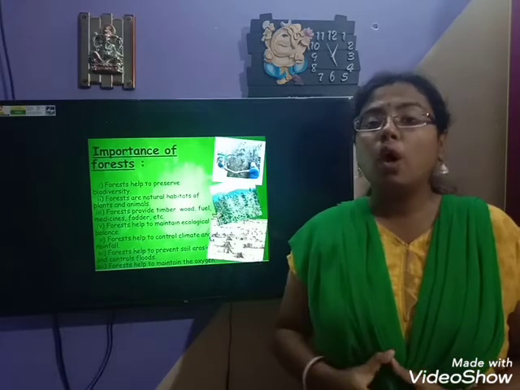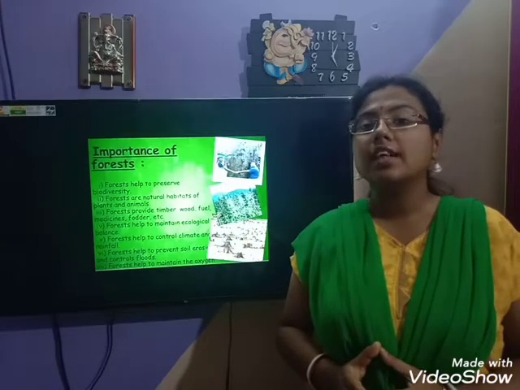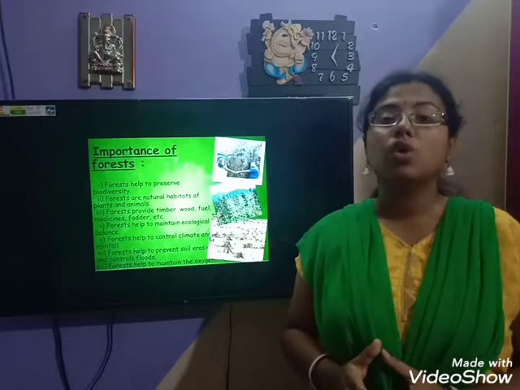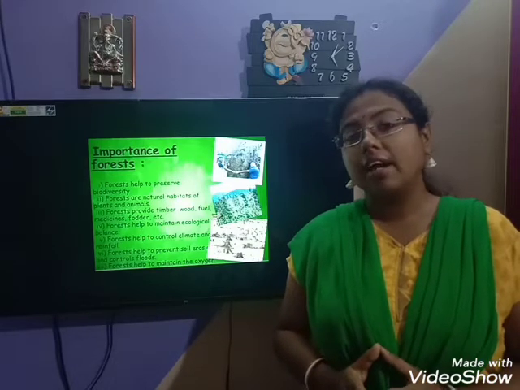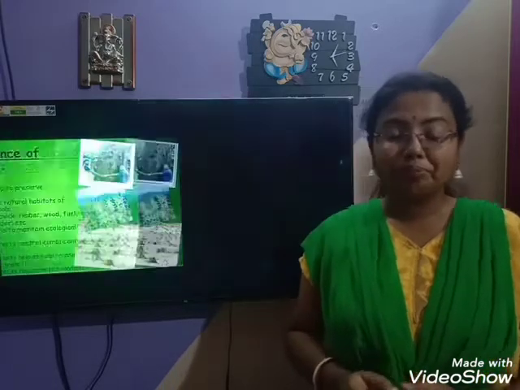So which factor can make the balance on the earth's surface? That is one and only forest cover. That's why for our survival, this forest resource is very important.